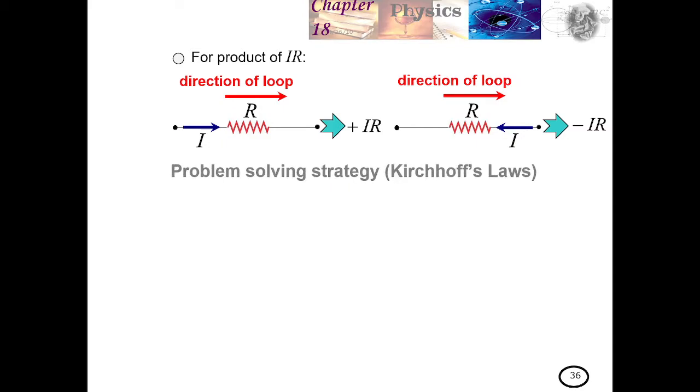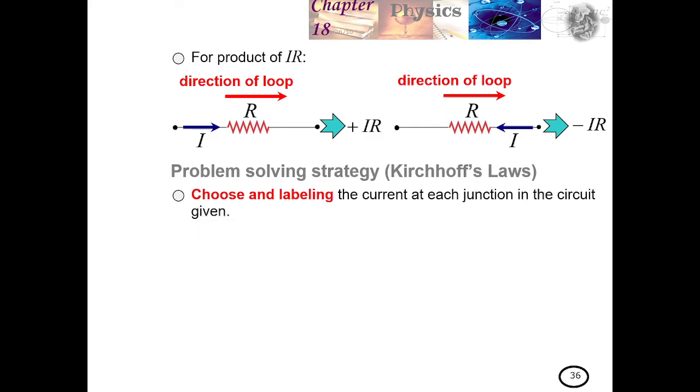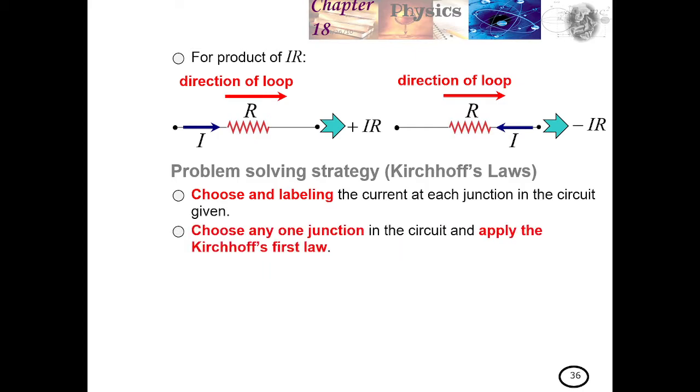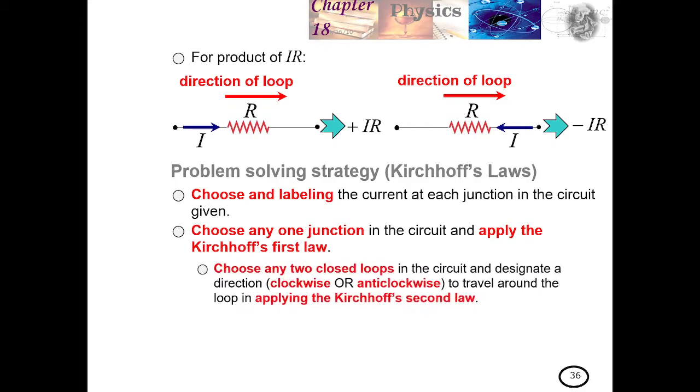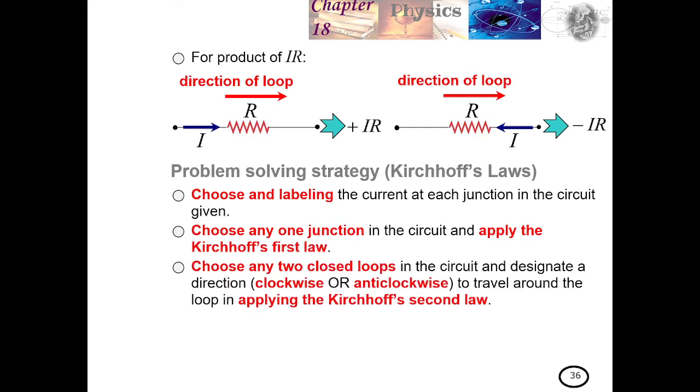So the general way to solve a problem with Kirchhoff's law is, first, to choose and label the current at each junction in the given circuit. The second step is to choose any one junction in the circuit and apply Kirchhoff's first law, and choose any two closed loops in the circuit and designate a direction, clockwise or anti-clockwise, to travel around the loop in applying Kirchhoff's second law.